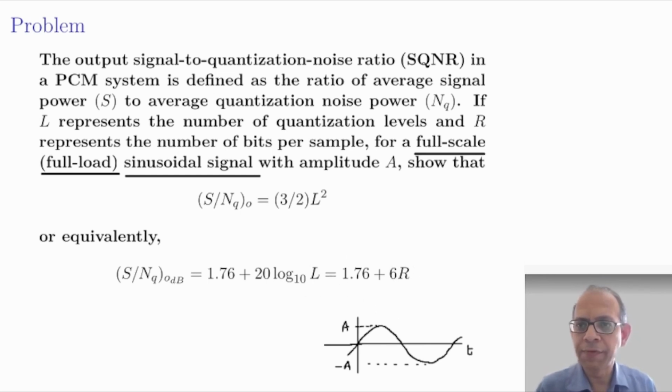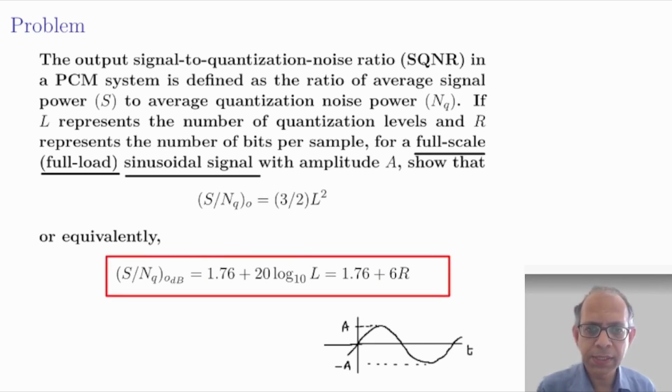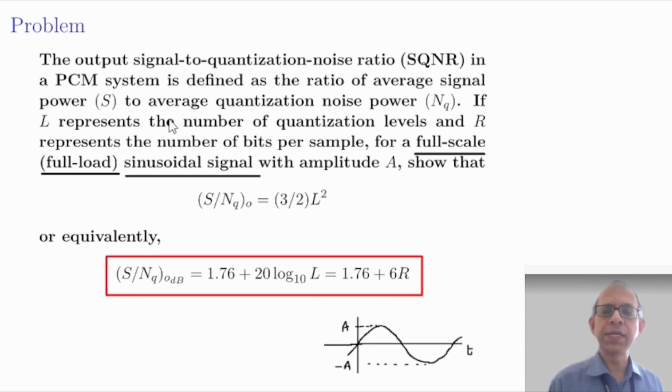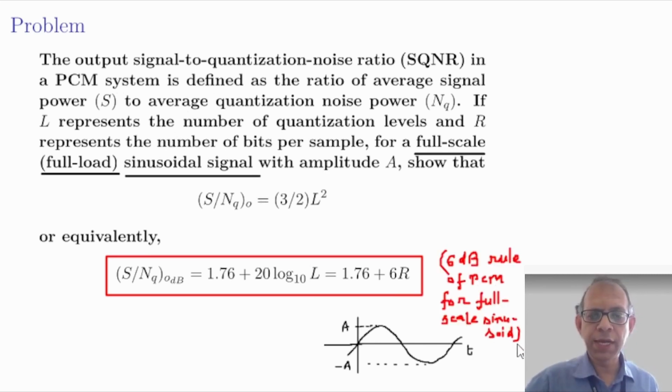We will derive it. So this is known as the 6 dB rule of PCM for a full scale sinusoid.